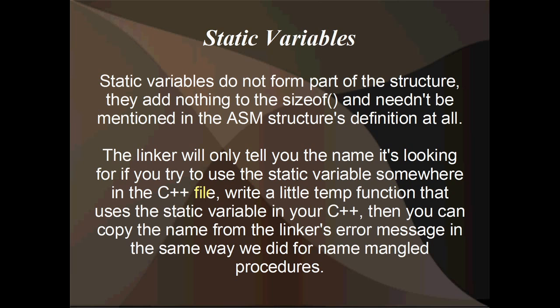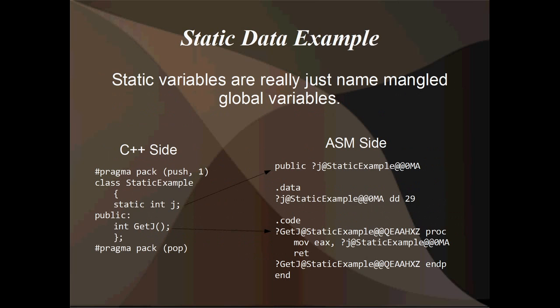If you just have the declaration in your C++ class, but you never try and use it, the linker is not even going to care. It's not going to tell you what the name it's looking for is. So yeah, it's best to write a little temporary function that uses the static variable in your C++. That way you can copy the mangled name that the linker is looking for from your error window.